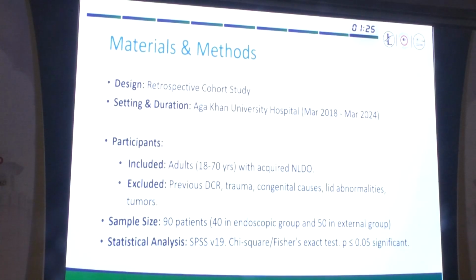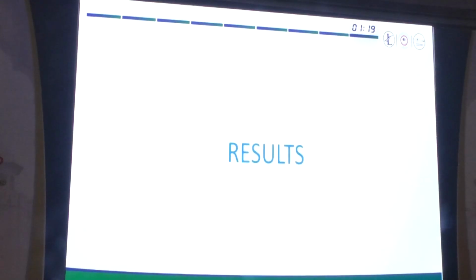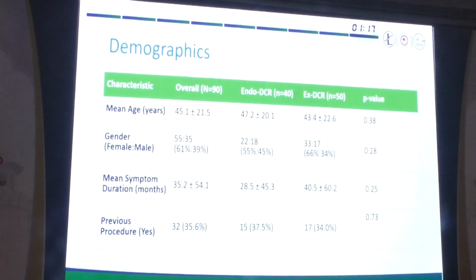We have a sample size of 90 patients, 40 in the endoscopic group and 50 in the external group. Mean age in endoscopic DCR is 47 years, and in external DCR is 43.4 years.